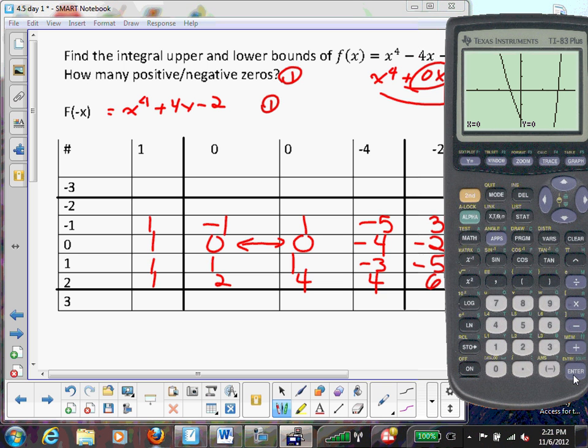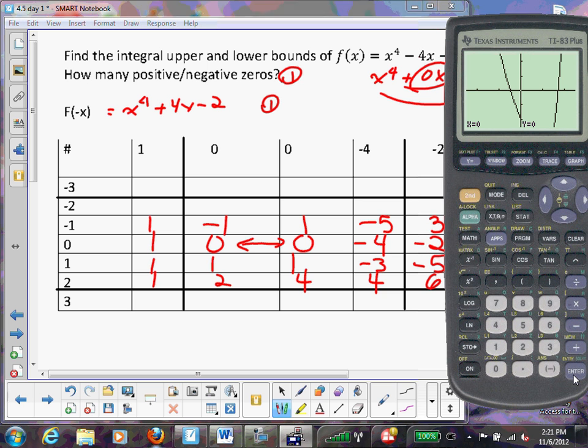Why would you say negative 1 and 2? Here's negative 1 right here, right? Isn't it crossing in between negative 1 and 0? Where else is it crossing? Here's my y-axis, between 1 and 2.